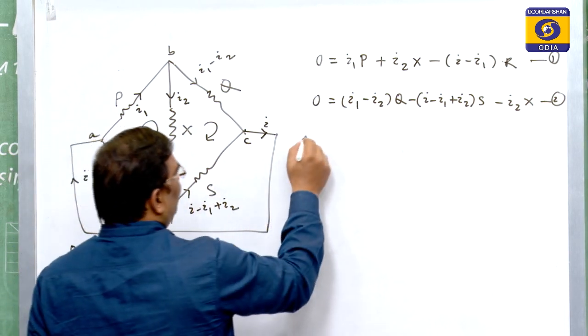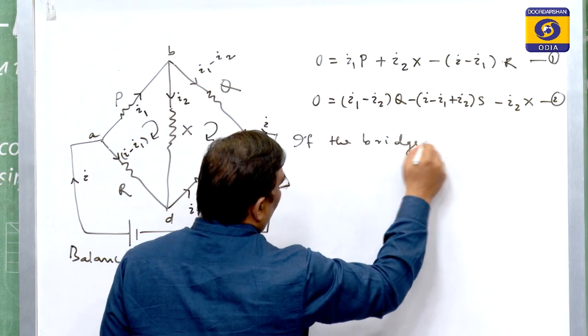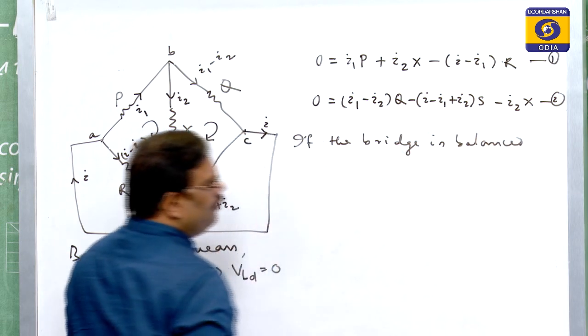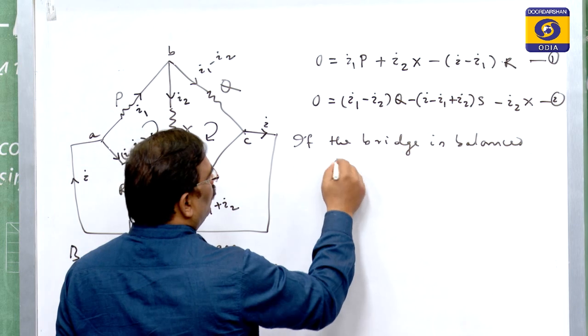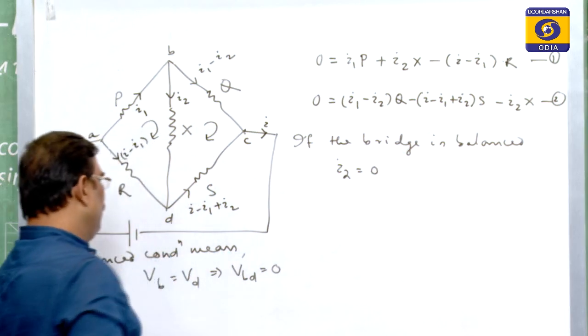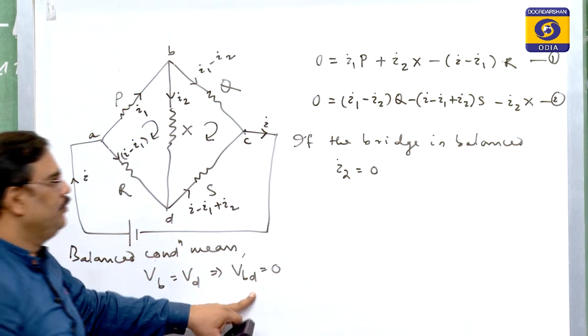Now, if the bridge is balanced, then I2 is equal to 0, because VB equal to VD or VBD equal to 0.